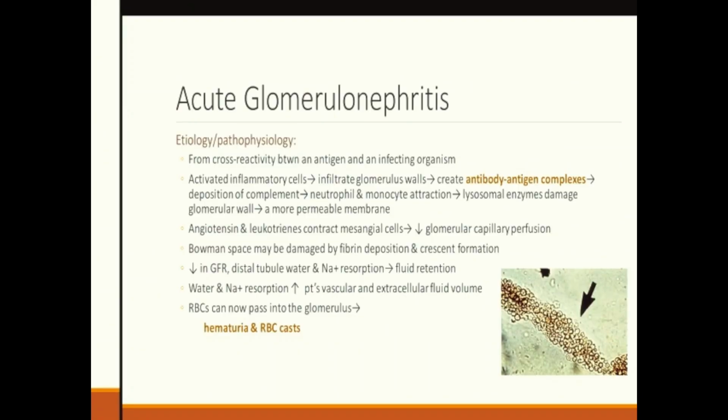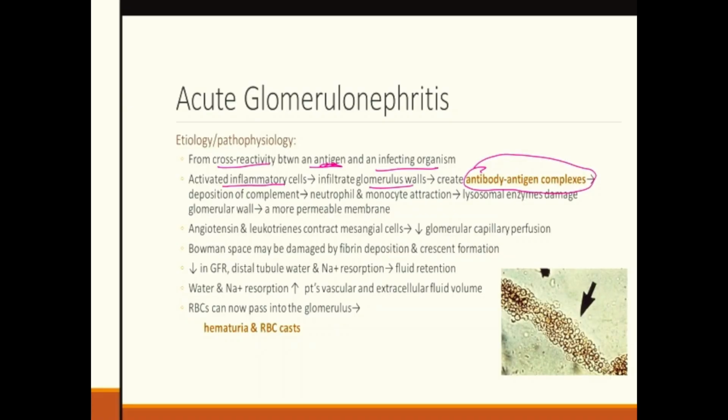So etiology, pathophys for this acute glomerulonephritis. We get cross-reactivity between an antigen and the infecting organism. What this does, it activates our inflammatory cells. Once our inflammatory cells are around, they start infiltrating our glomerular walls, and this creates antibody-antigen complexes.